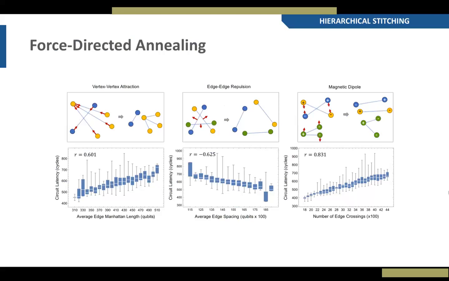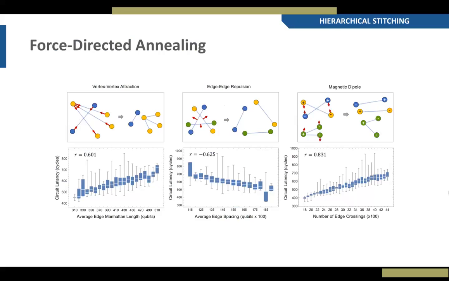Naturally, for vertex attraction, the average edge length is the induced metric, and as that edge length decreases, you see some correlation with increasing performance, decreasing circuit latency.